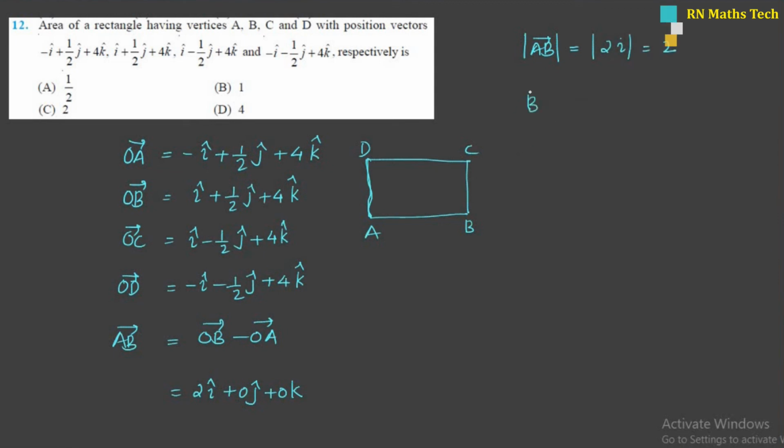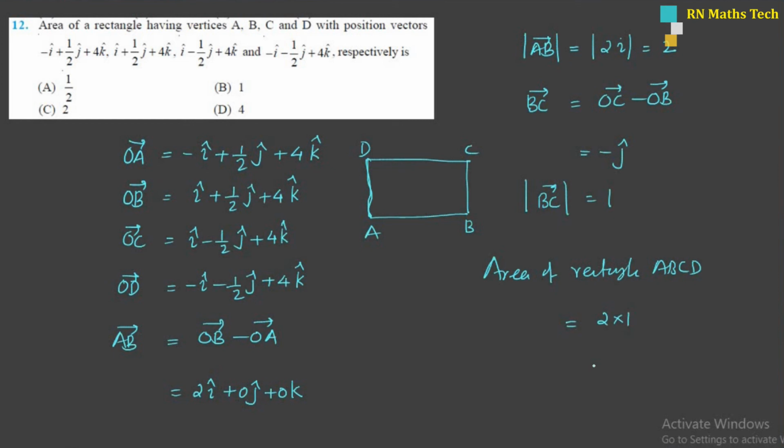Now breadth BC: vector BC is equal to OC minus OB, that is 0i minus j plus 0k. Modulus of vector BC is equal to 1. Therefore, area of rectangle ABCD is equal to length into breadth, that is 2 into 1, which is equal to 2 square units.